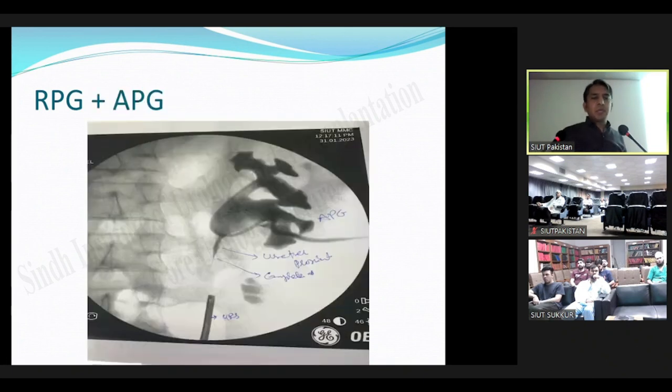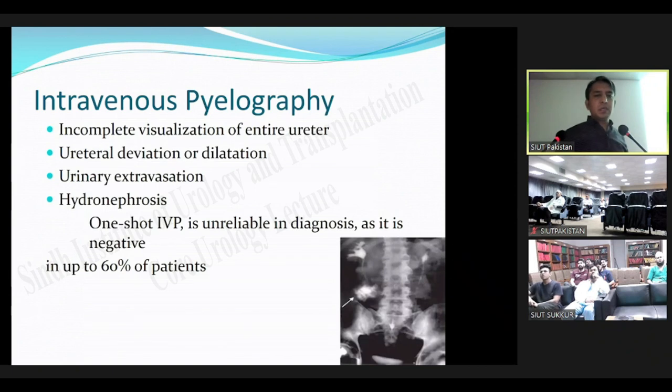And this is the retrograde and antegrade study of another patient, and he was having a pyeloplasty, and he presented with this loss of length of the ureter. And we performed retrograde and antegrade studies. With intravenous pyelography, there is incomplete visualization of the entire ureter and ureteral deviation or dilatation, urinary extravasation, and hydronephrosis.